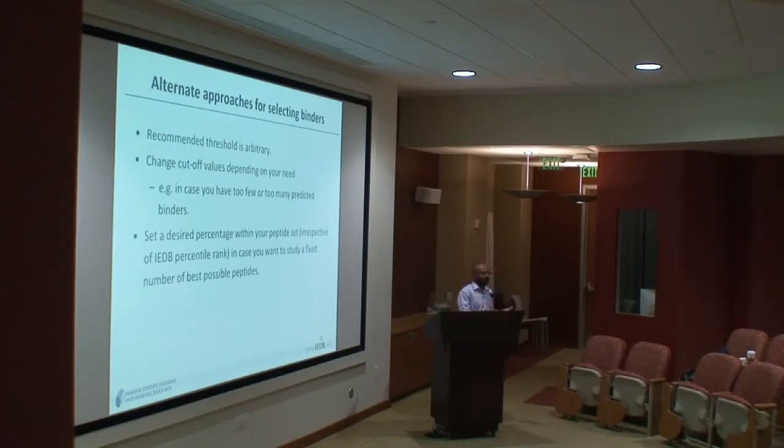And sometimes you may need to select a specific number of peptides for each of the alleles. For example, you're studying 10 alleles and you want 10 peptides each for 10 alleles. If you use a cutoff of 10, you may not get enough peptides for each allele. So based on your requirement, you can adjust the threshold.